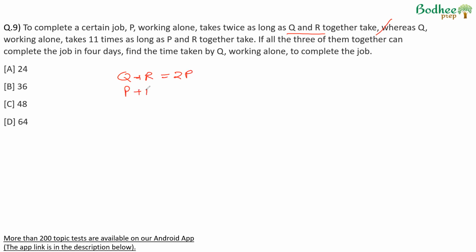Therefore, the efficiency of P and R will be 11 times of Q. If Q does 1 unit, P and R will do 11 units per day, and therefore the time will be 11 times for Q to do the same work as P and R take.